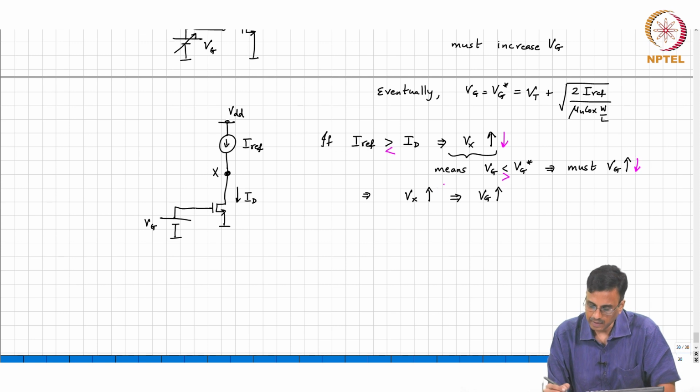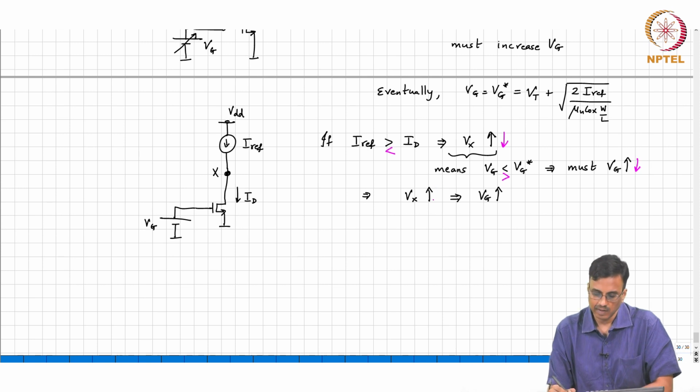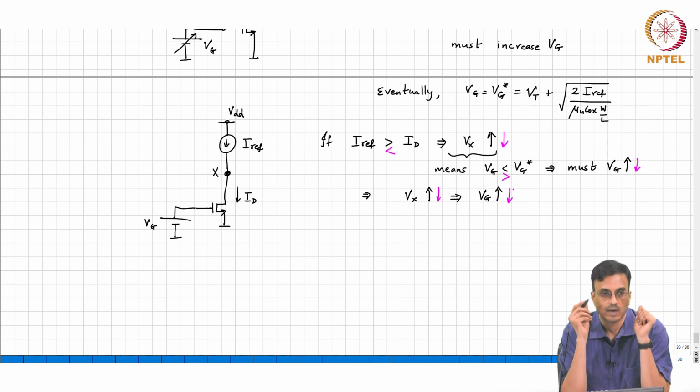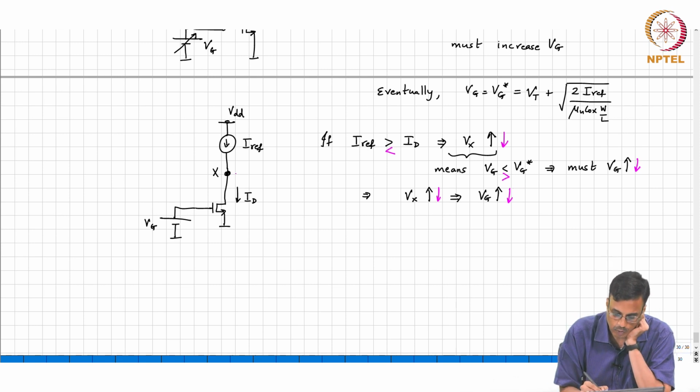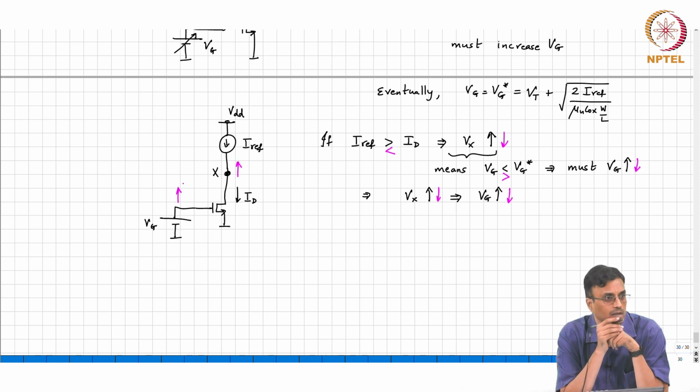So, if Vx increases, we must increase Vg. If Vx decreases, we must decrease Vg. All right. So, in other words, if this goes up, we must push Vg up. If X goes down, the gate must be pulled down.